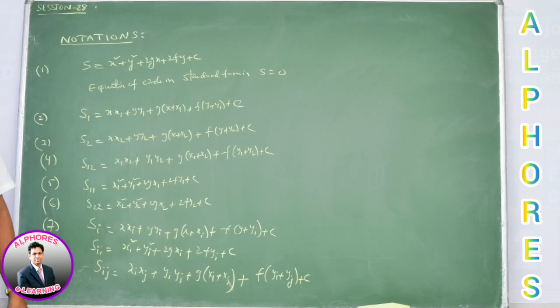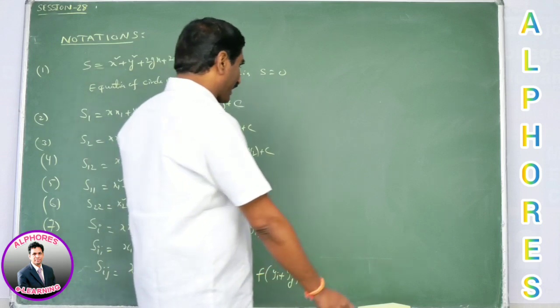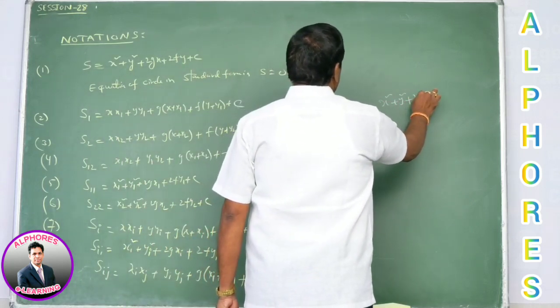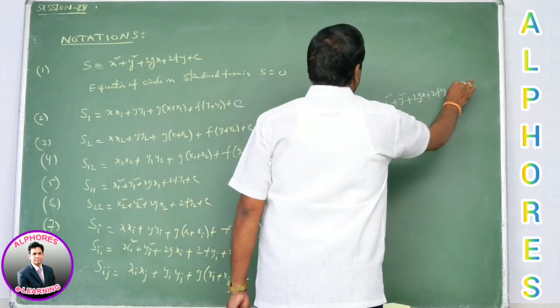Next, notations. We know that the equation of the circle in standard form is x square plus y square plus 2gx plus 2fy plus c is equal to 0.